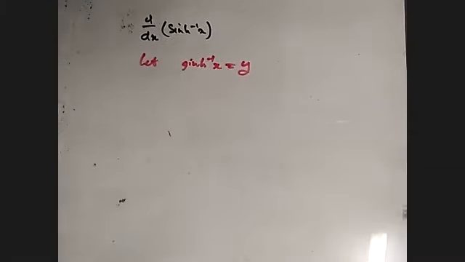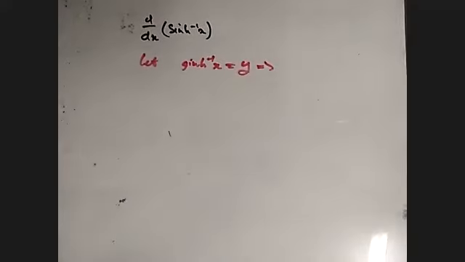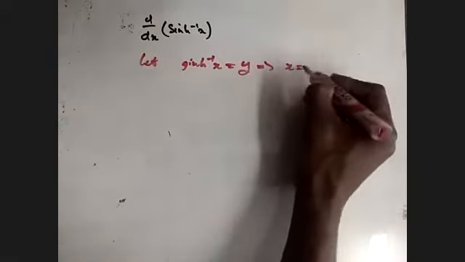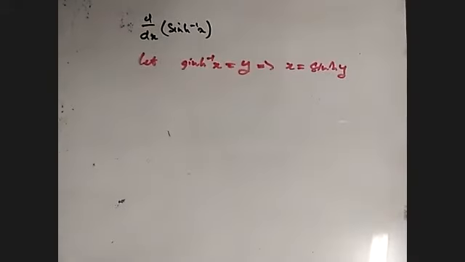Then by the definition of an inverse composed with its original function, we're going to get x equals sinh y. Okay. So the usual thing we would do is solve and expand this and so on.